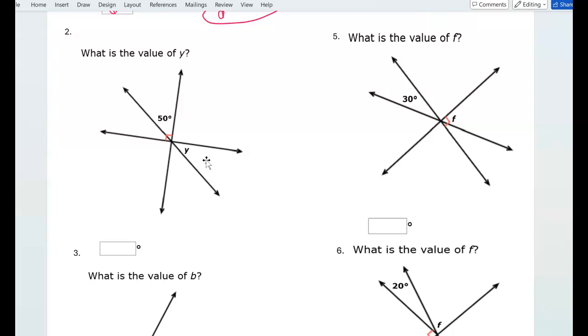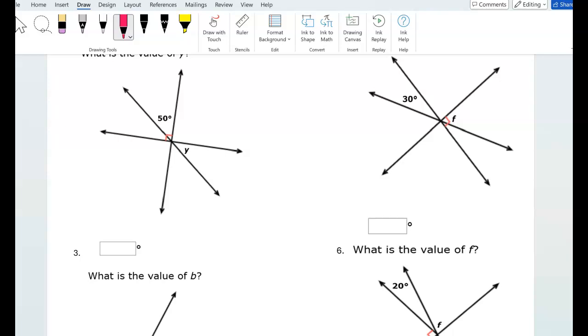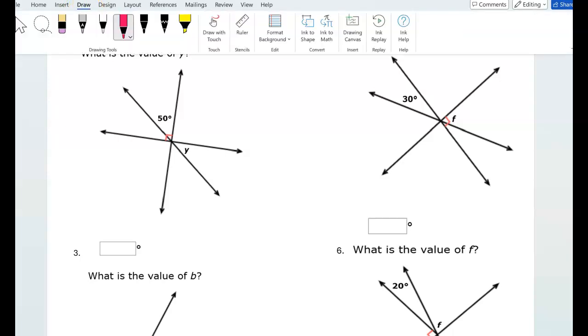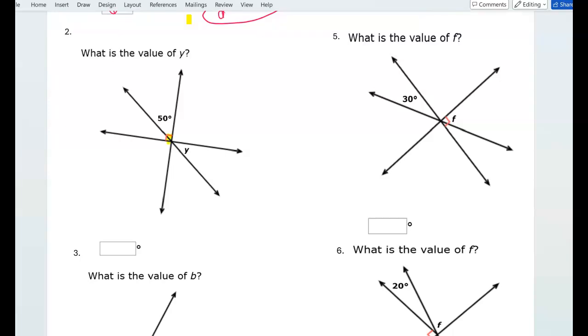They're telling us that this is a right angle, aren't they? So this is probably a right angle. But we want to know what Y is.